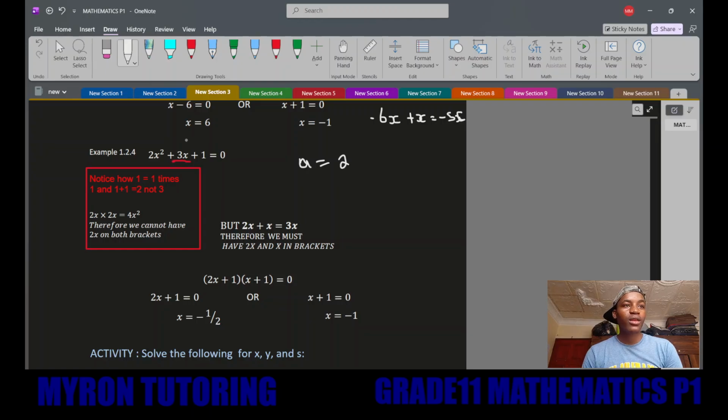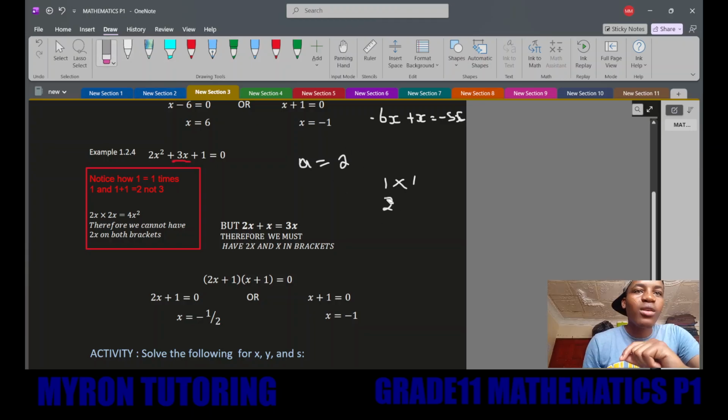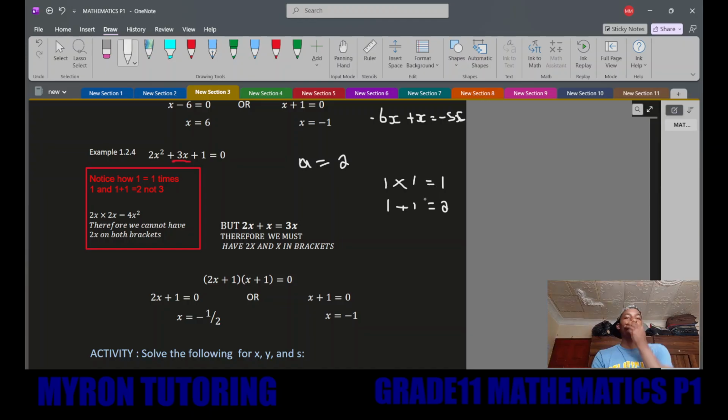Now what I can see with my mind already is that 1 is 1 times 1. So I can only get 2x, because 1 plus 1 is 2, and 1 times 1 is 1. So now, how did they get to 3x?